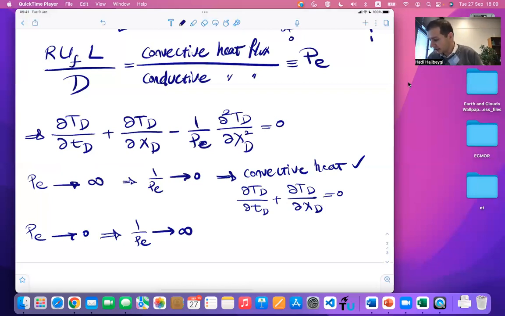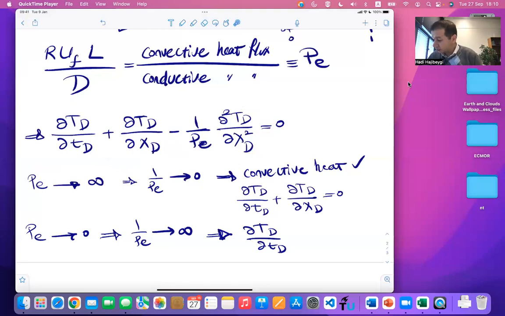Obviously, I can't take the derivative with respect to 1 over Peclet number. It's not possible. So what would the system look like? The system would look more like a conduction-dominated system, in which the second term here would be extremely important instead of this term.